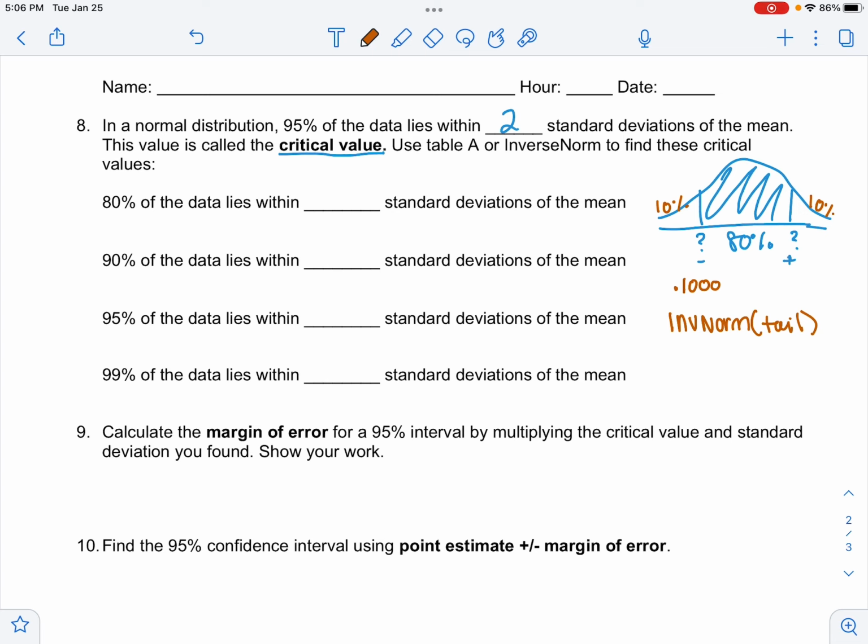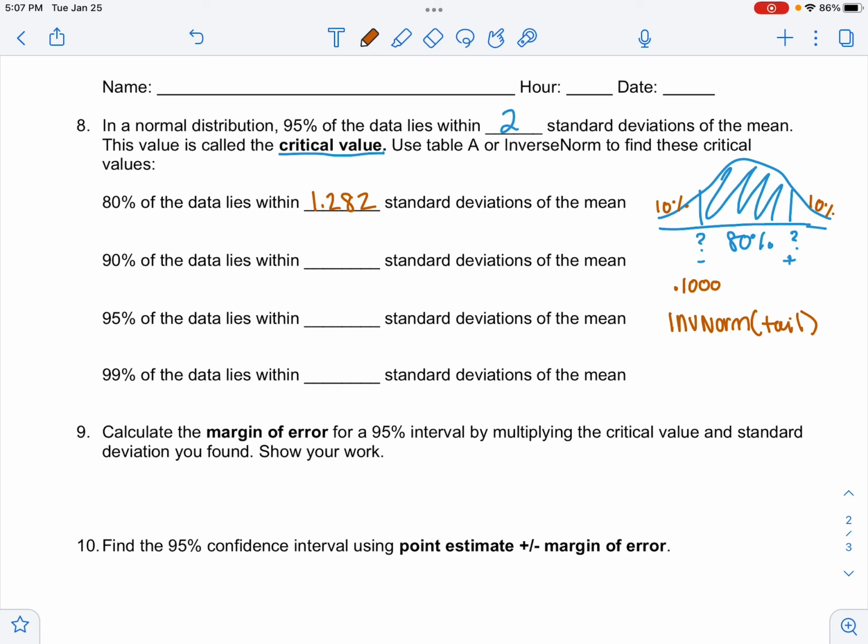So for the first one, 80%, looking at my table A, I found that it should be 1.28. And actually it's 1.282 to be exact. I know that our z-table only tells us 2 decimal places. If you use inverse norm, it's going to give you the 3, so I'm going to give them to you.